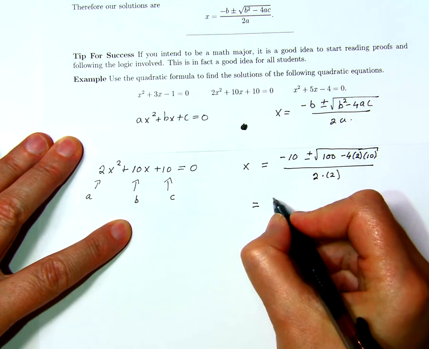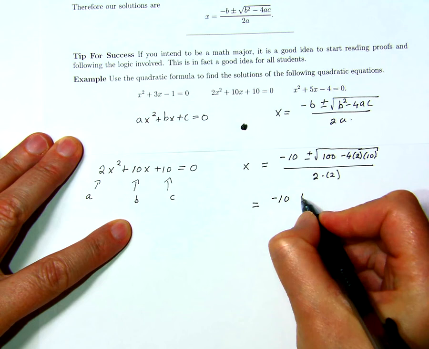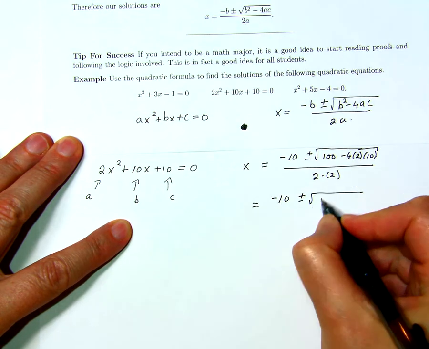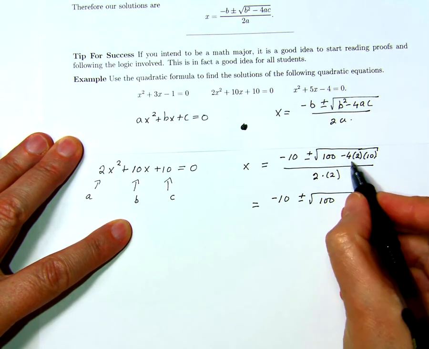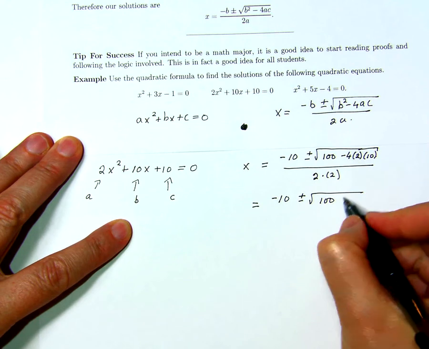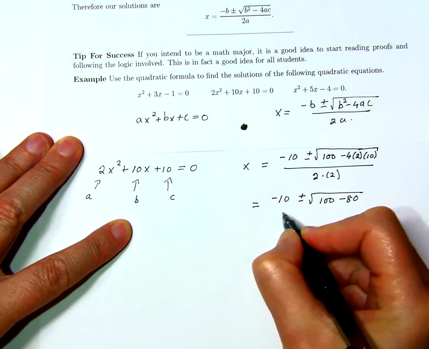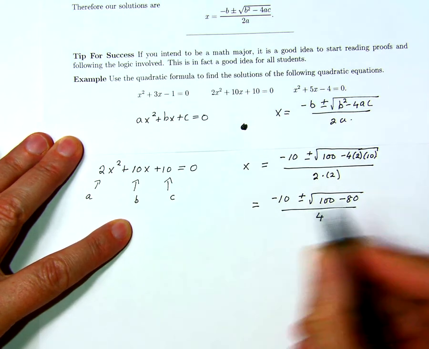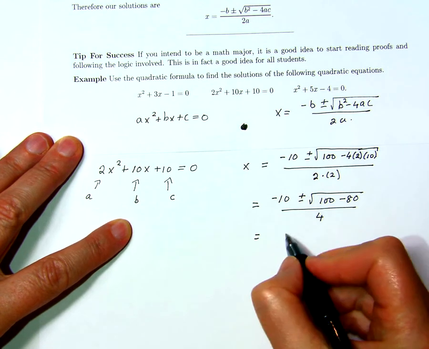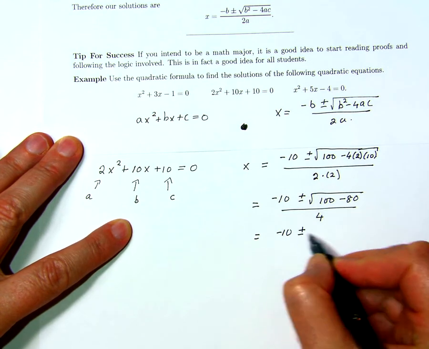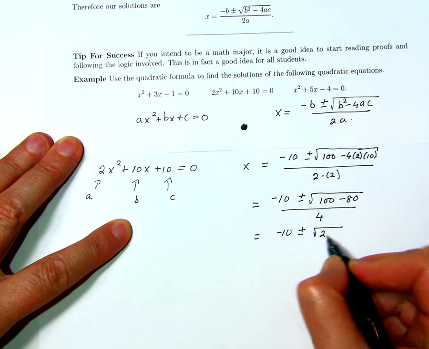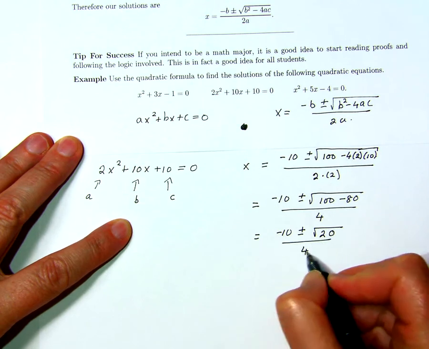Now this is minus 10 plus or minus the square root of 100 minus 4 2's are 8 by 10, so it's minus 80 all over 4. And that's minus 10 plus or minus the square root of 20 over 4.